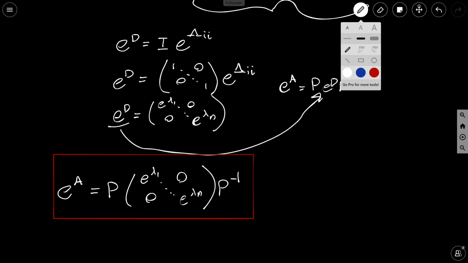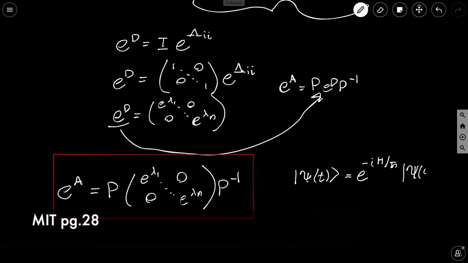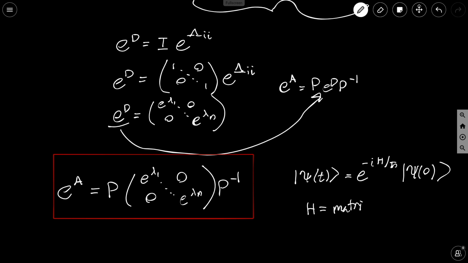And the Schrodinger equation for that system looks something like this, where we have e raised to the power of something, and it turns out we have e raised to the minus I times capital H over h bar, and capital H is the Hamiltonian, and the Hamiltonian in this case is a matrix. So you can't really do the time evolution operator without doing exponential matrices, and that is why they are useful.